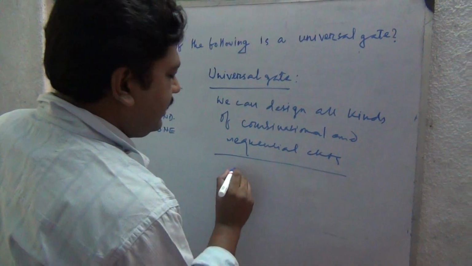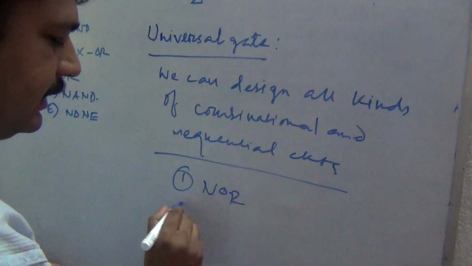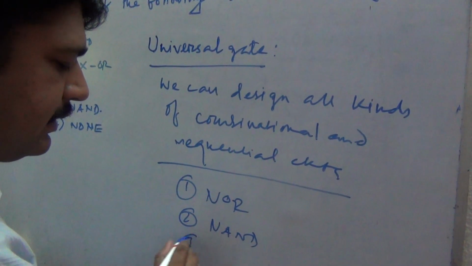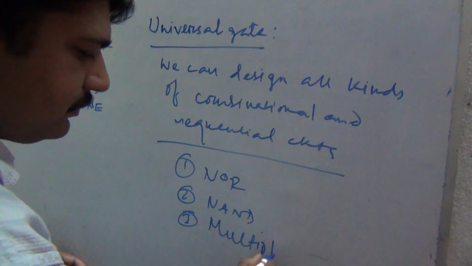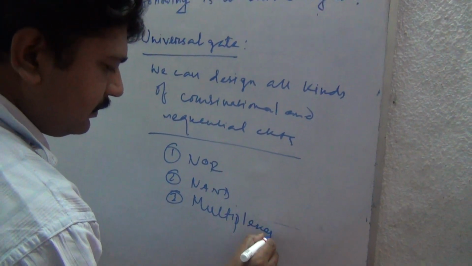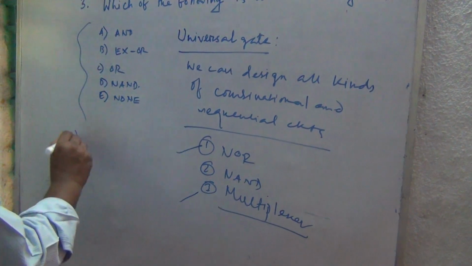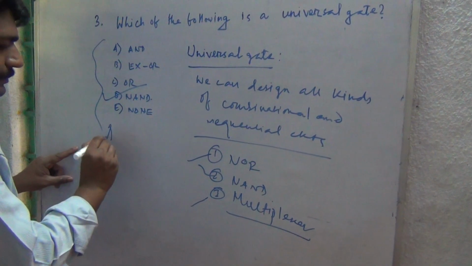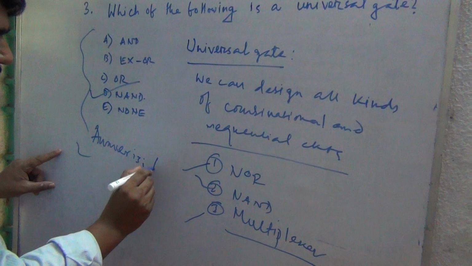There are only three: one is NOR, second is NAND, and third one is multiplexer. NOR is not present here, multiplexer is not present here, but NAND is present here. So the answer is D.